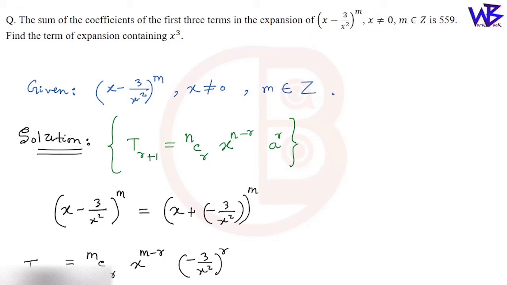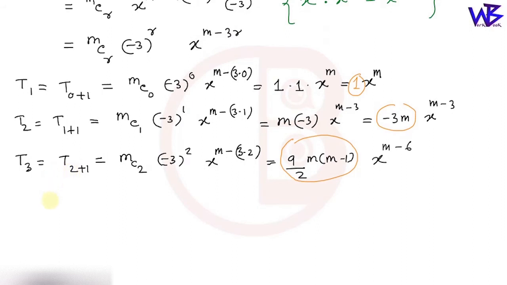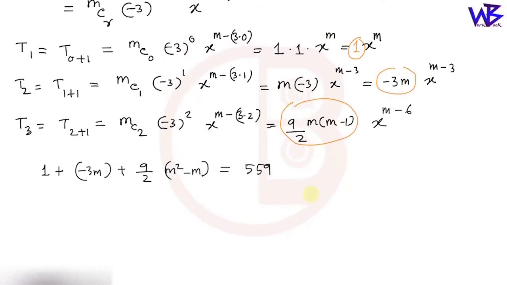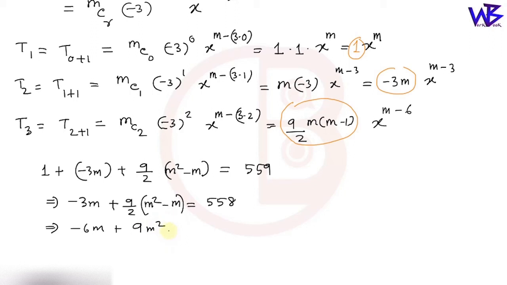So we have an equation, which is 1 plus (minus 3m) plus 9 by 2 times (m square minus m), if I multiply m into the bracket, is equal to 559, which indicates minus 3m plus 9 by 2 times (m square minus m) is equal to 558, which indicates minus 6m plus 9m square minus 9m is equal to 1116.